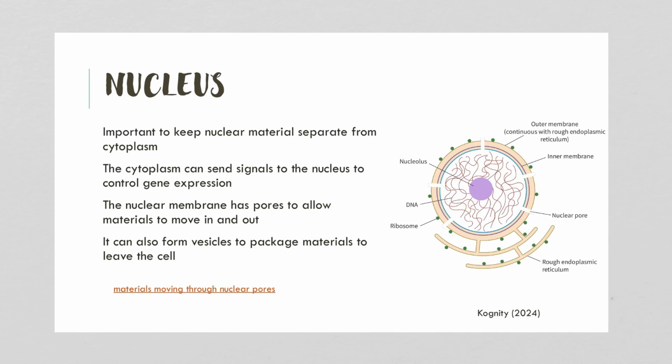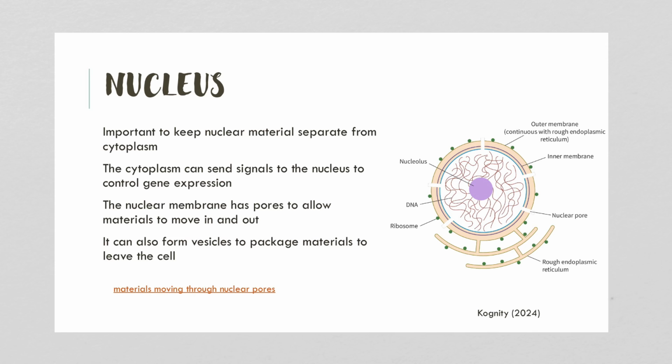So we're going to take some time to look at the nucleus and a couple of other structures, but first of all, the nucleus. So it's important to keep all your nuclear material separate from the cytoplasm to prevent the nuclear material from being digested by enzymes that might be found in the cytoplasm. The cytoplasm can send signals to the nucleus to control gene expression.